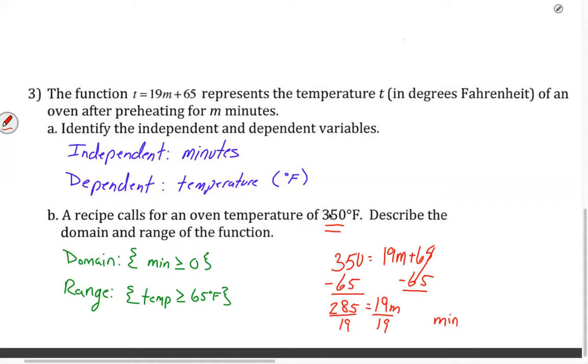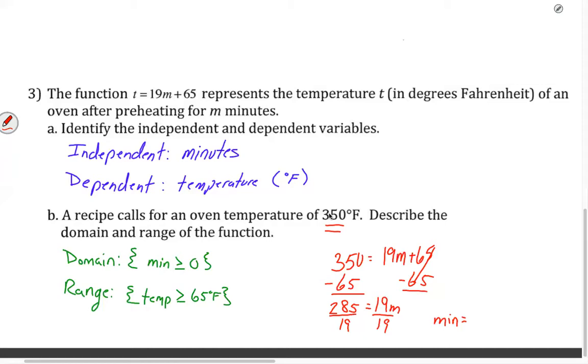And we get the number of minutes is equal to, come on, you got your phone, type it in. 285 divided by 19. What is it? 15? Oh, it's 15?